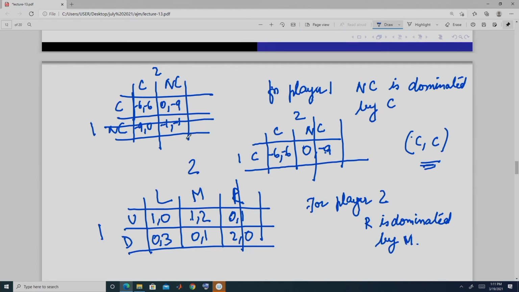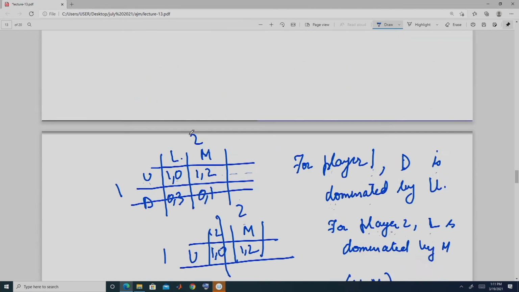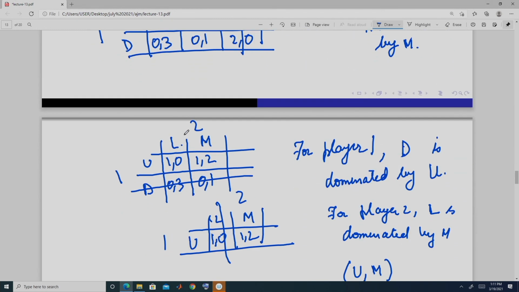So, when players are playing once and they are playing simultaneously, all these eliminations will be done on their own, they will not interact, but they will know. So, here we are assuming that player 1 knows that player 2 is also going to behave in this way, and player 2 knows that player 1 is going to behave in this way.